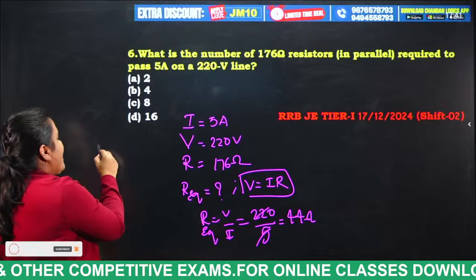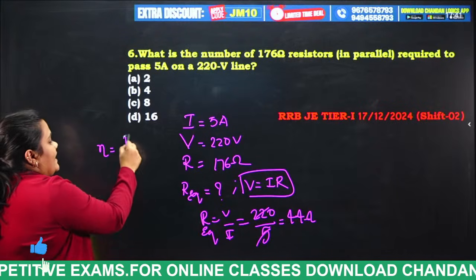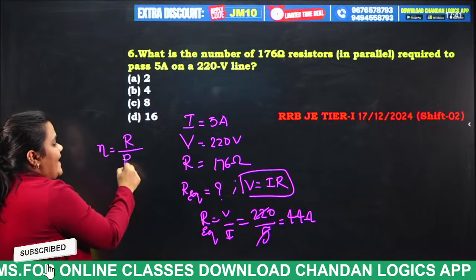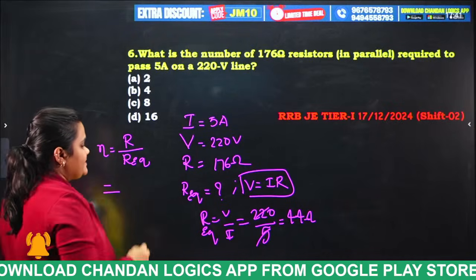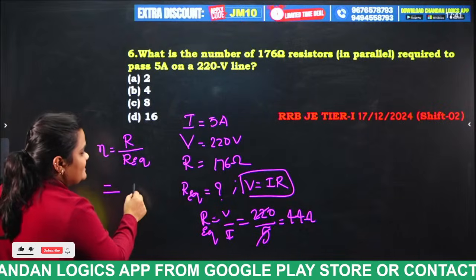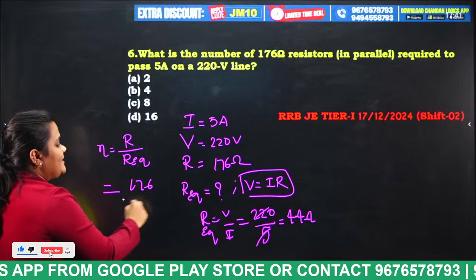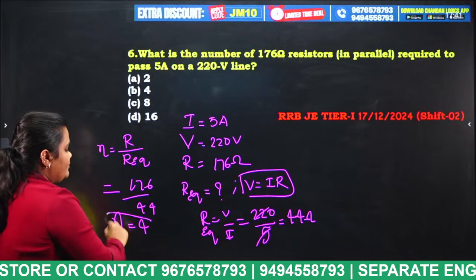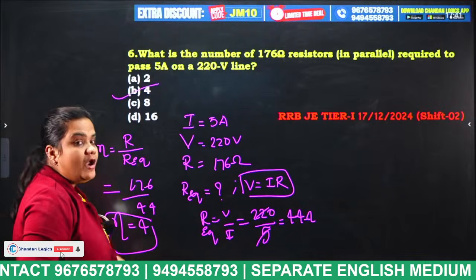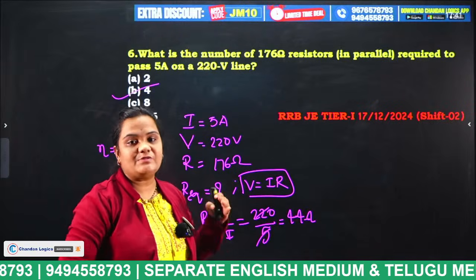Now how to find the number of resistors, students? The number of resistors will be total resistance by equivalent resistance. Total resistance is 176 and equivalent resistance is 44. So how many resistors are there, students? 4. Okay. You all know what is series connection and what is parallel connection.